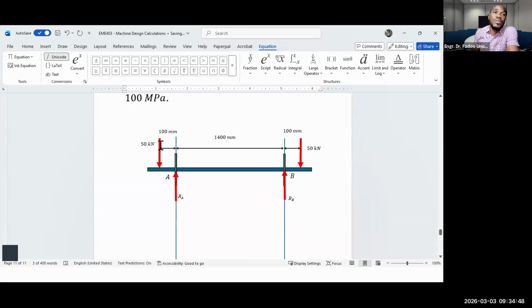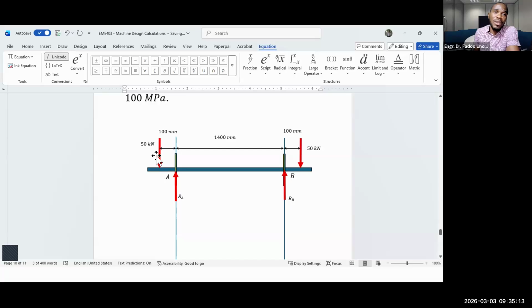So we'll start with the leftmost 50 kilonewtons, right? If we're taking moments about point A, you're pivoting at point A, this force will cause this body to move in this direction. Now, if we check your watch, this direction is going against how your second hand moves.